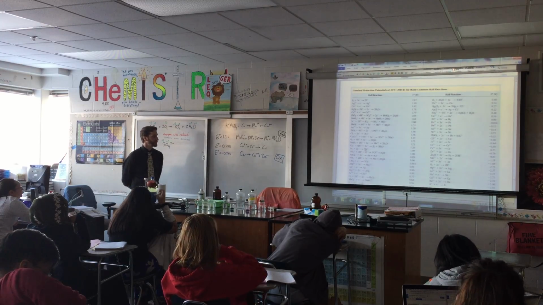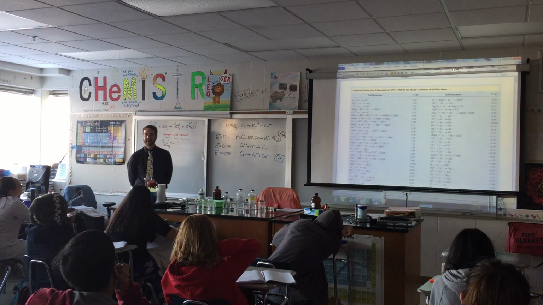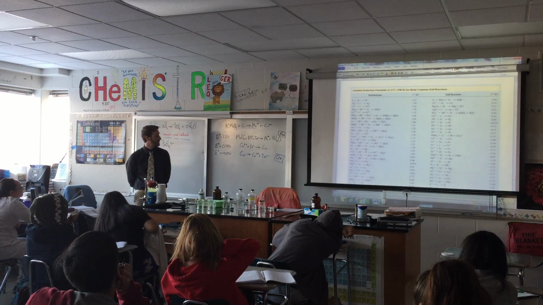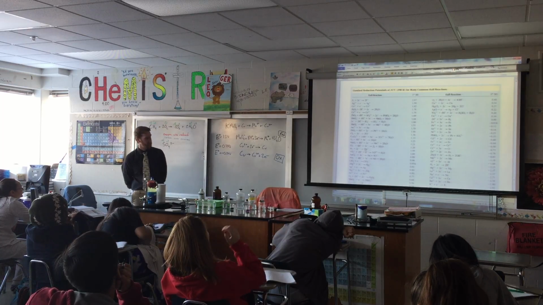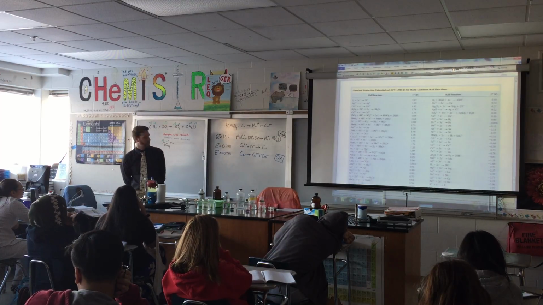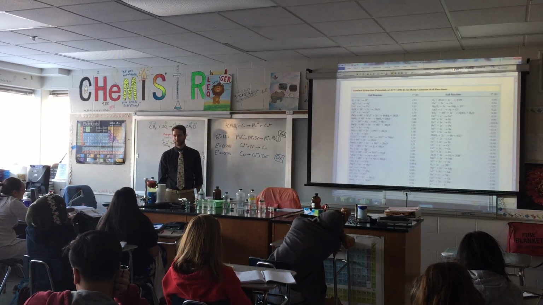Look at the reduction. Look at the electrons. How many electrons are being gained in the reduction? 5 electrons being gained. In the oxidation, how many are being lost? 2.